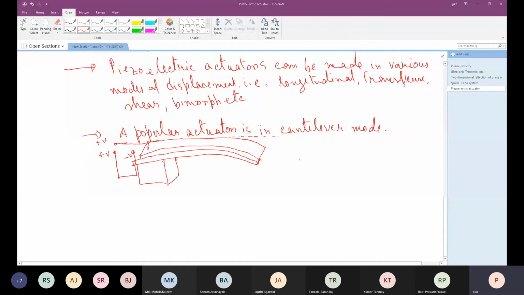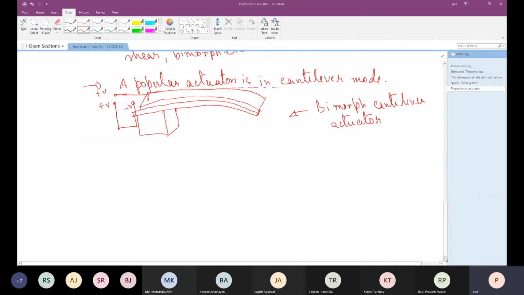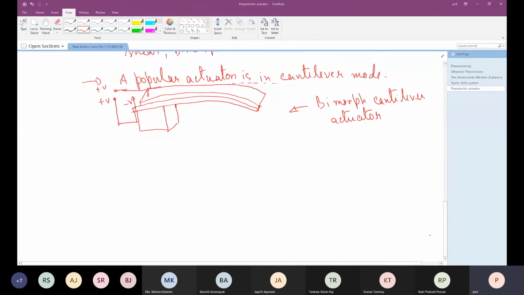So this is a bimorph cantilever. Bimorph cantilever actuators.